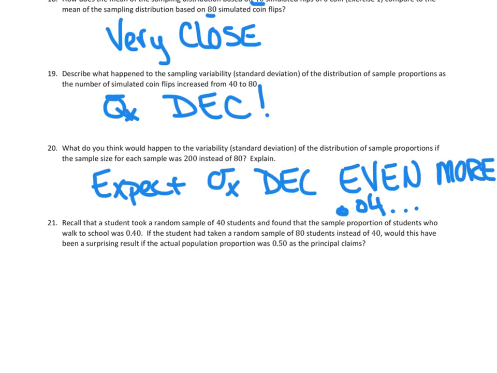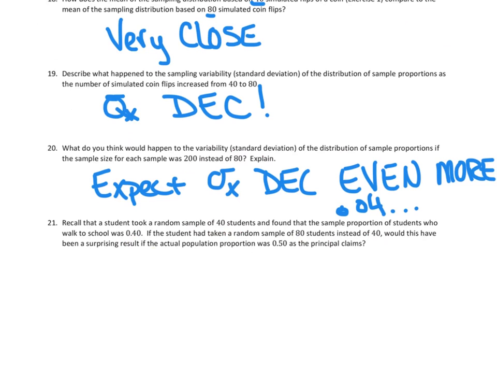And now recall, let's go back and see if we could tie this together with the question we started the video with. Remember, we took a random sample of 40 students, and we found out that the sample proportion of students who walk to school was 40%. I think it was 16 out of the 40 responded that they do walk to school. Now, if the student had taken a random sample of 80 students instead of 40, would this have been a surprising result?